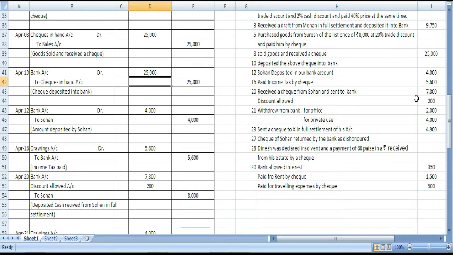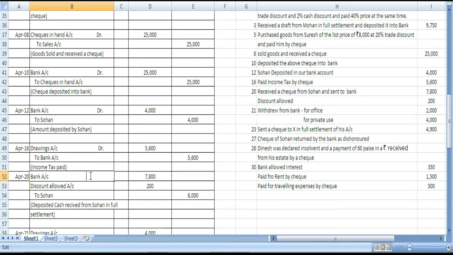So, here bank is increasing, as we are receiving a check which has been deposited into the bank, 7,800. Discount allowed is 200, which is an expense, a nominal account, and so we are debiting this also. Okay.